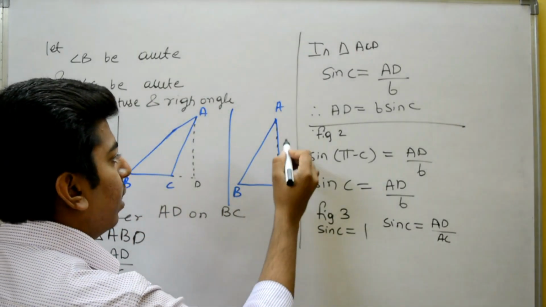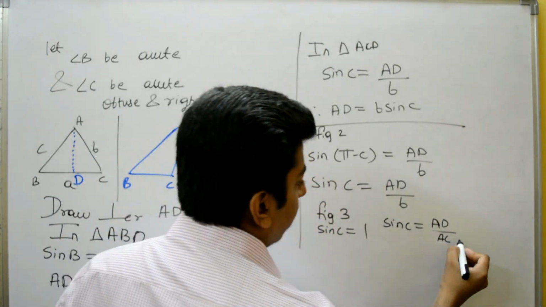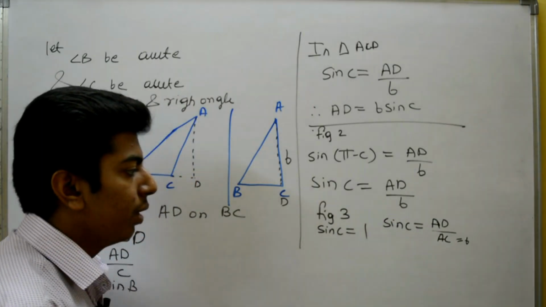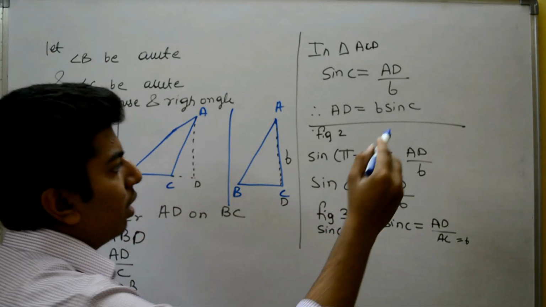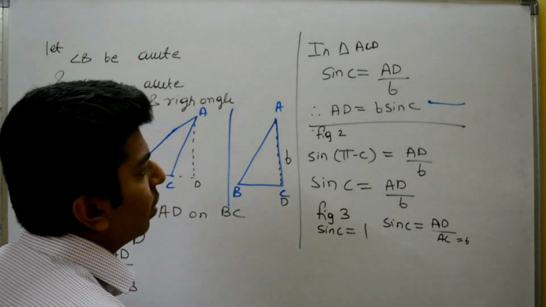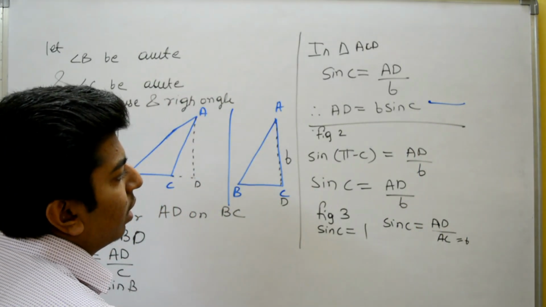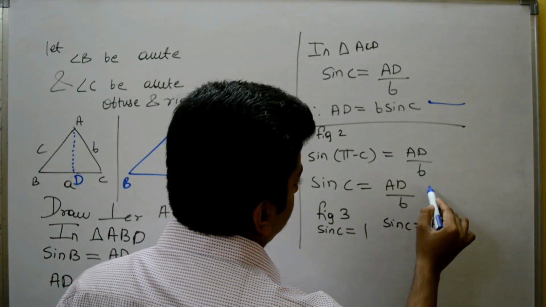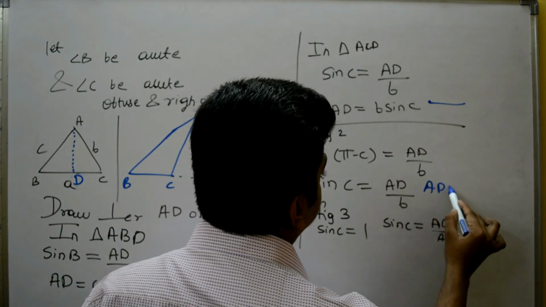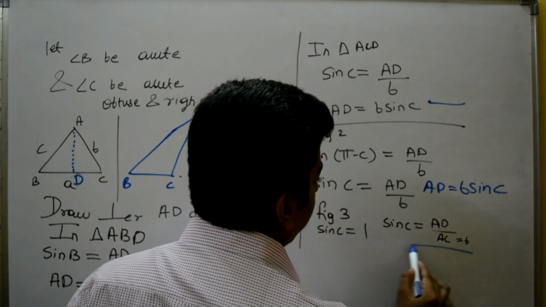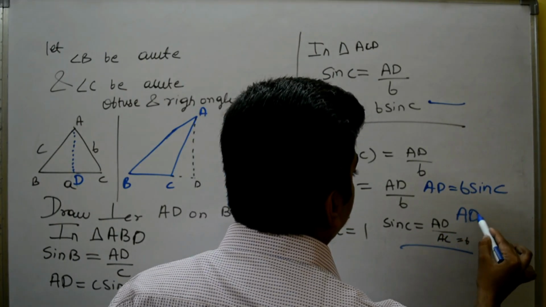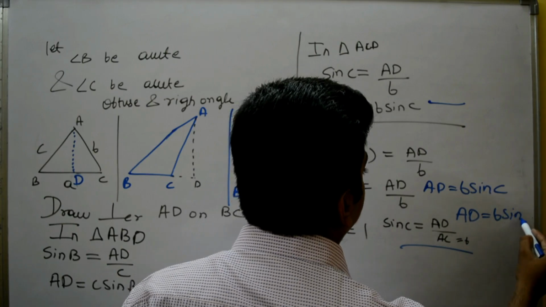But AC is nothing but B. So from here, AD is equal to B sine C. Here also AD is equal to B sine C, and from here also AD is equal to B sine C.